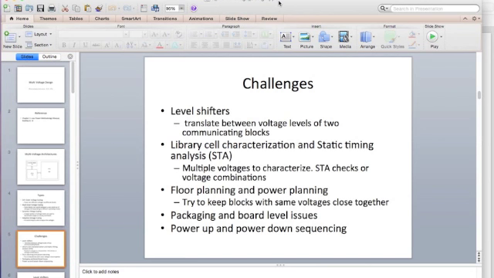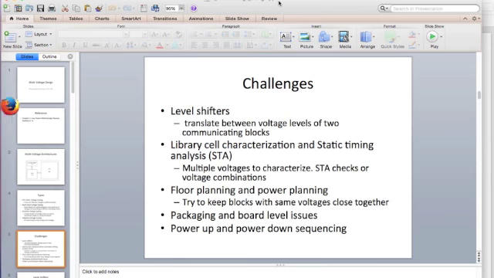So you need to do timing analysis across the entire path to ensure that your max and min timing constraints are met. If you have multiple voltages on the transmit side and multiple voltages on the receive side, then across all combinations you need to characterize and ensure you meet timing. So it increases the complexity of timing analysis also.